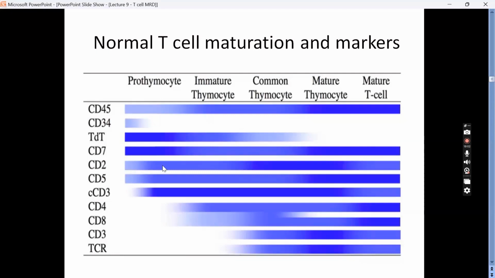AML MRD is tough. Of course, myeloma MRD is also easy. Apart from AML MRD, all other MRDs are quite easier. AML MRD needs more expertise and more practice. The problem is AML is a very heterogeneous disease.